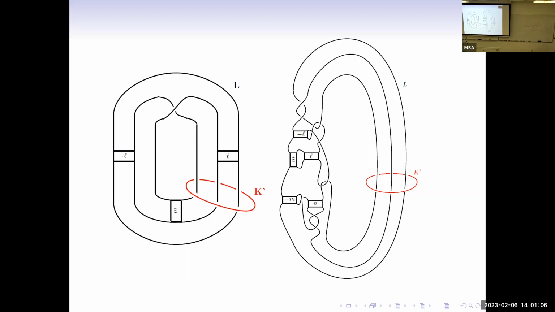Then Gordon and Luecke proved that these are all the knots with a half-integral toroidal surgery. So this is why I suspect that the family of knots with 5 Seifert surfaces coming from here should be the only one. Should be complete.